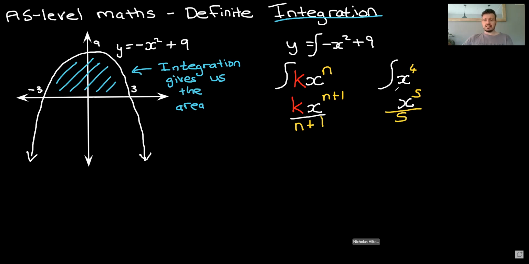The k is technically 1, so we leave it at that, and it would just be a fifth. We could write that as a fifth x to the 5. So x to the 5 over 5 is the same as a fifth x to the 5. If your memo or memorandum shows 1 over 5 or x to the 5 over 5, both are acceptable. But often we just leave it in the notation 1 over 5 x to the 5.